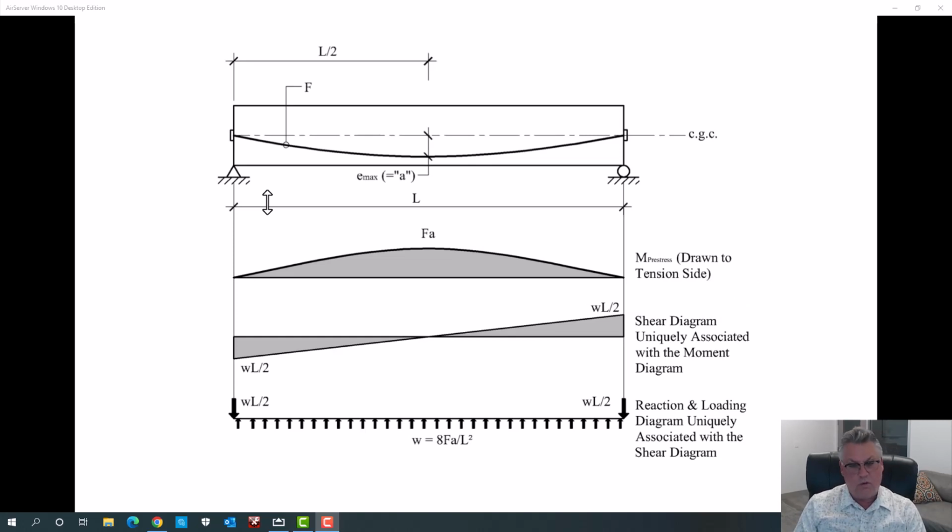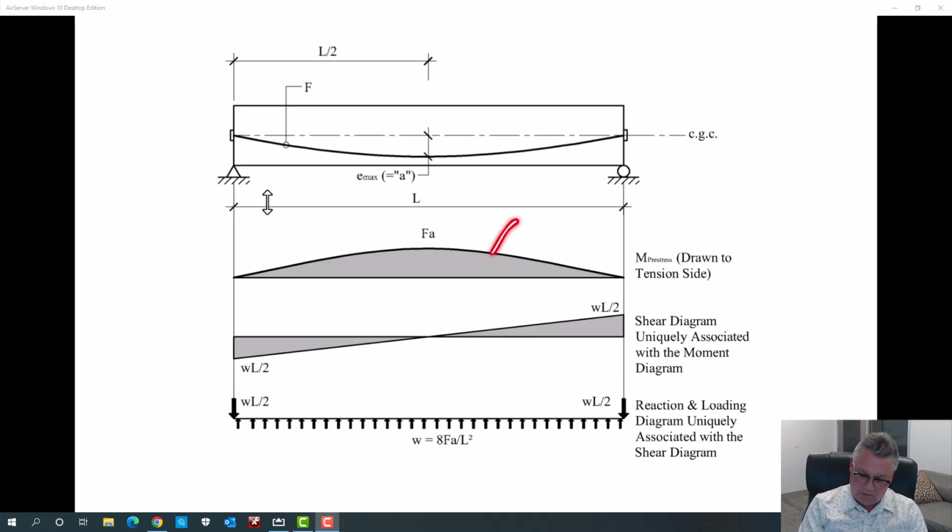So the load required to create this shear diagram, again, you take the derivative of a linear shear diagram and you must get a constant force or a constant load. So I'm trying to prove to you using some simple calculus recollection. This moment diagram is the integral of that shear diagram, but we're working backwards. We're working the other way.